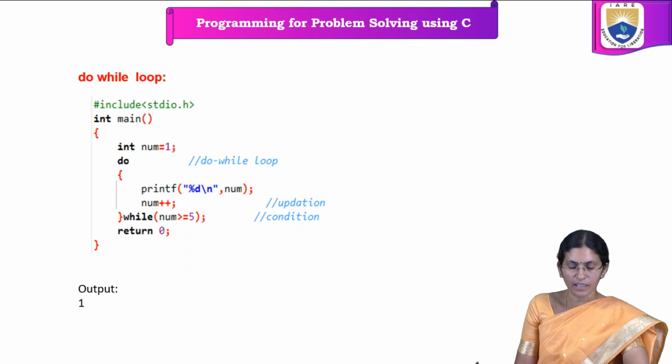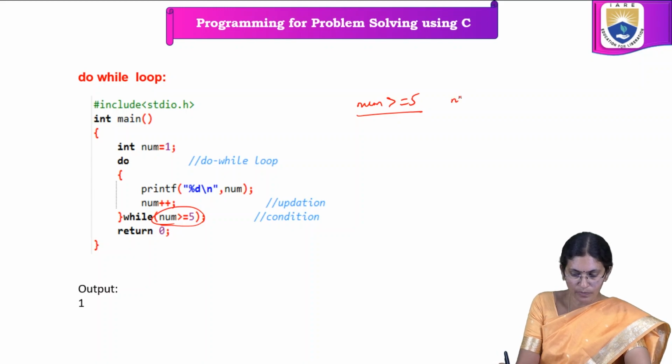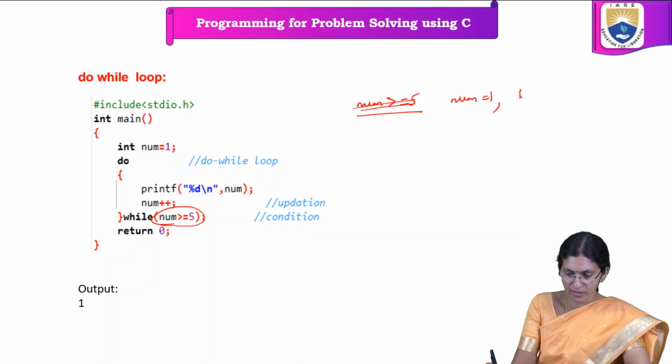Now let us see what happens if the condition becomes false. So let us illustrate the same program where we have changed the condition. Now the condition which we have mentioned here is num is greater than or equal to 5. So after initialization, num value is equal to 1. The printf statement will print the num value. After that, it will check the condition.